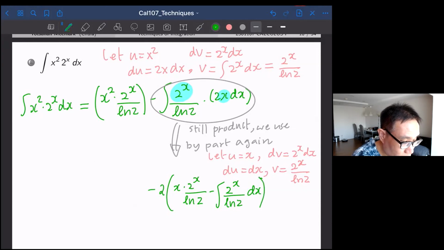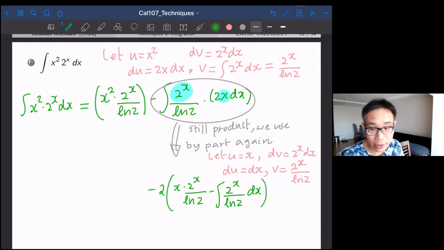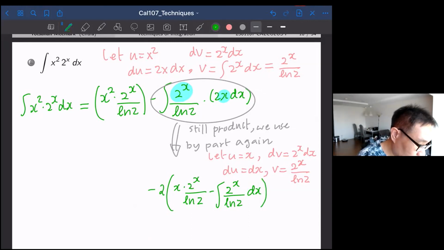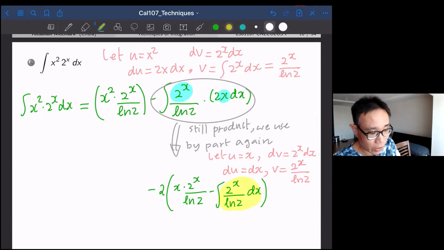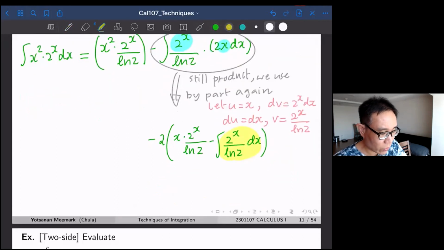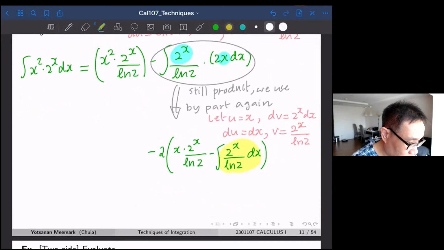So after we use by parts for the second time, you'll be able to obtain a term without any product. It turned out to be a nice term here, and you'll be able to obtain the final answer.